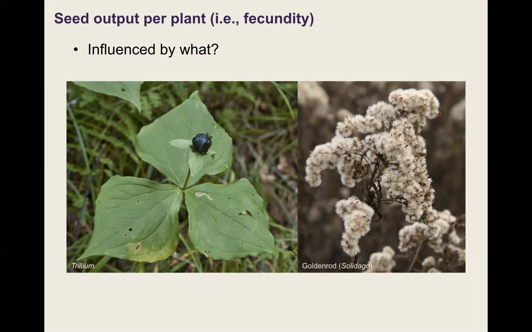So basically, over the course of an organism's lifetime, it needs to replace itself, right? So of all the seeds that are made and all the seeds that go out in the world, if those seeds are at least successful enough to replace the organisms that made them, then the population will have steady numbers.